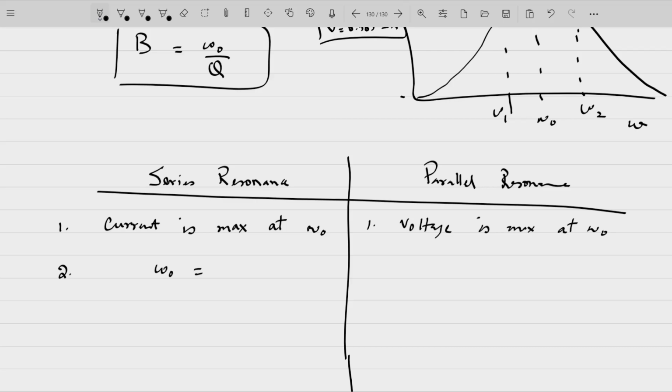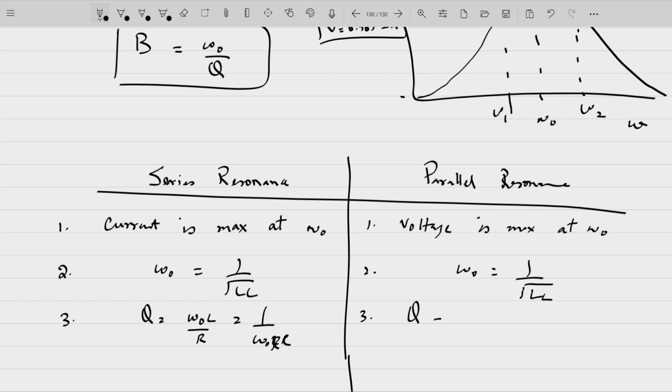जहाँ तक ओमेगा नॉट की बात है, it is equal to 1 by under root of LC. Here also it is equal to 1 by under root of LC. Quality factor here is equal to omega naught L divided by R, or 1 by omega naught RC. Here the quality factor is equal to R divided by omega naught L or omega naught RC.